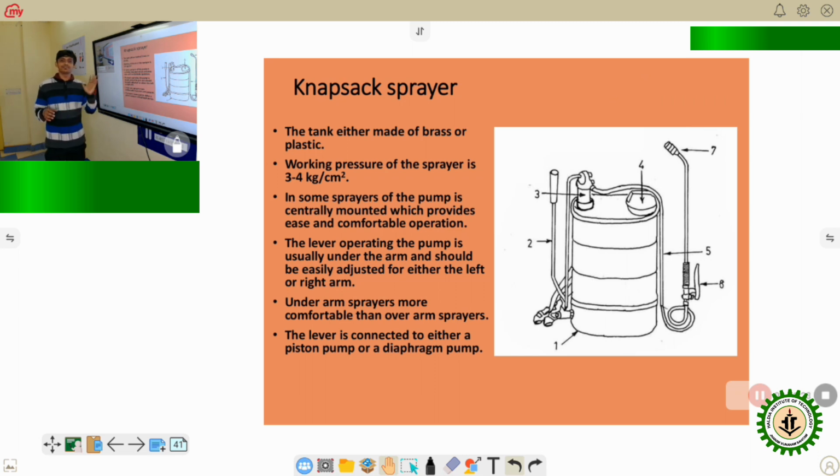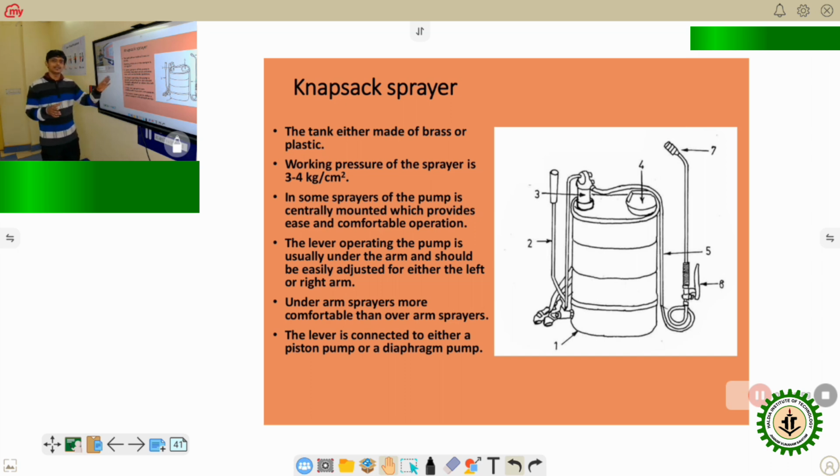Apart from this, there is the knapsack sprayer. It is a very popular sprayer. One person carries it on the back and it effectively sprays the spraying materials. The pressure is around 32 kg per centimeter square, and the tank is made of either brass or plastic material so that it does not react with the fertilizers.